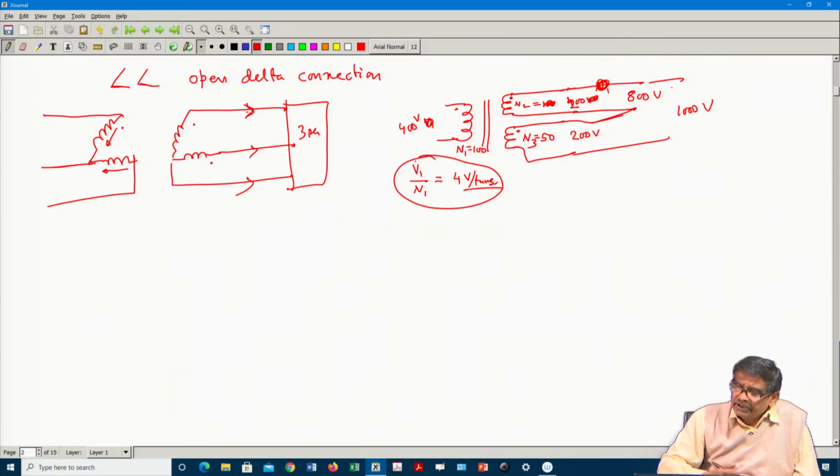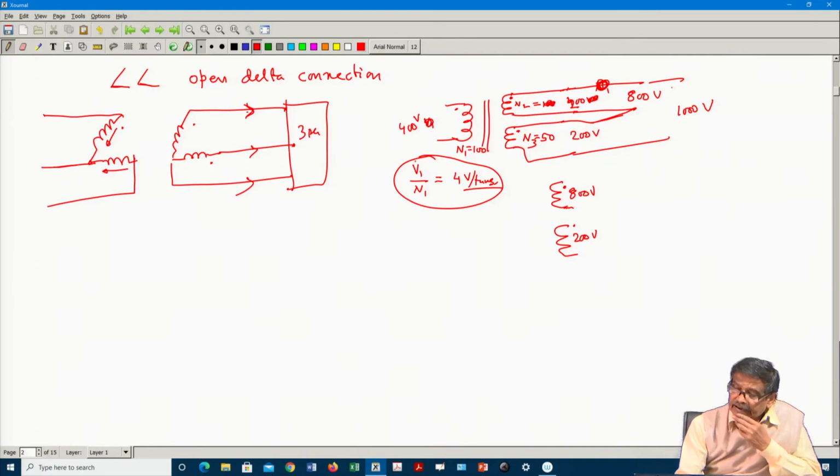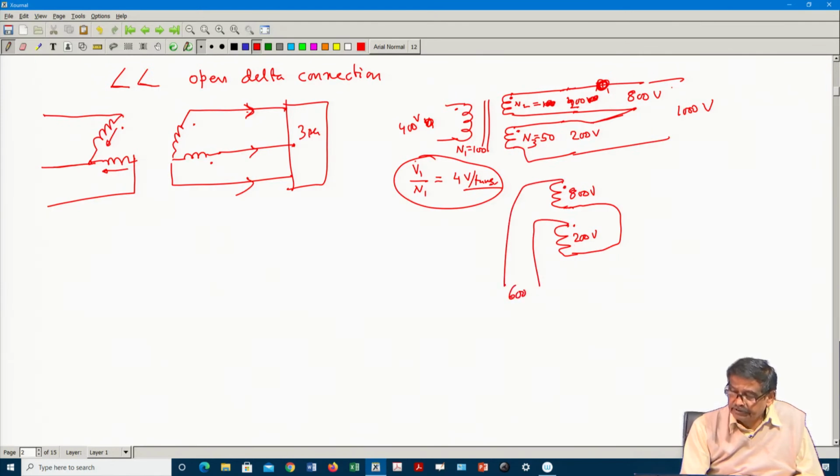The other configuration is also possible: 600 volt you can get if you connect it like this. This is 800 volt with this polarity, this is 200 volt with this polarity, then you connect them this way, and from these 2 you will get a 600 volt supply.